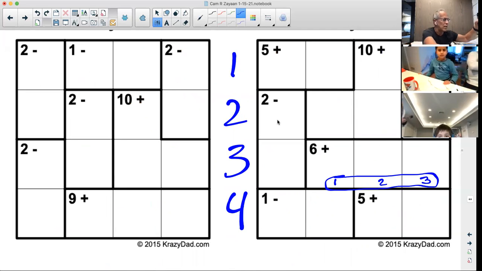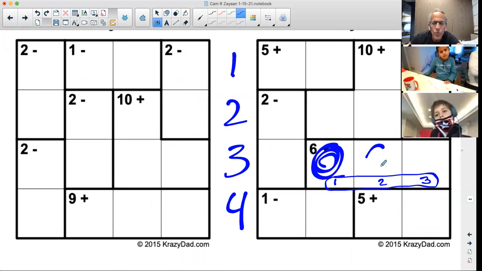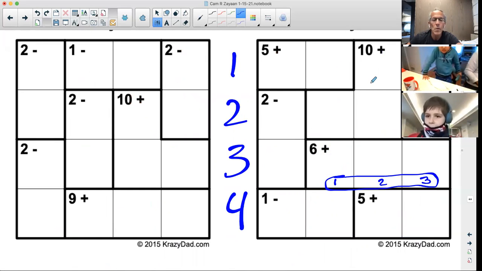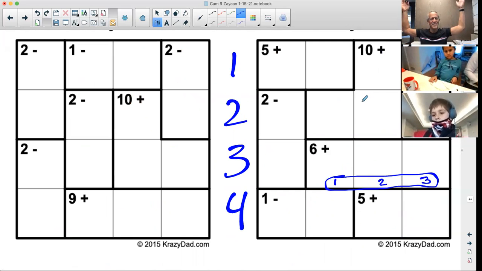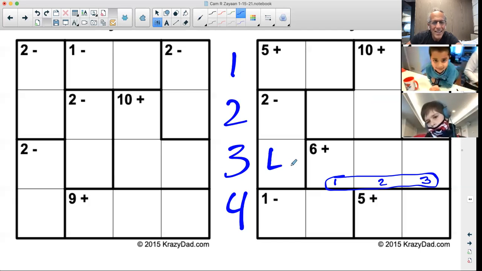Certain means definite. Cam, explain that, please. Because in that row there's a 1, 2, and 3. Then the only number is 4. Hey, Zayaan, do you agree with him? Yeah. That this must be a 4.